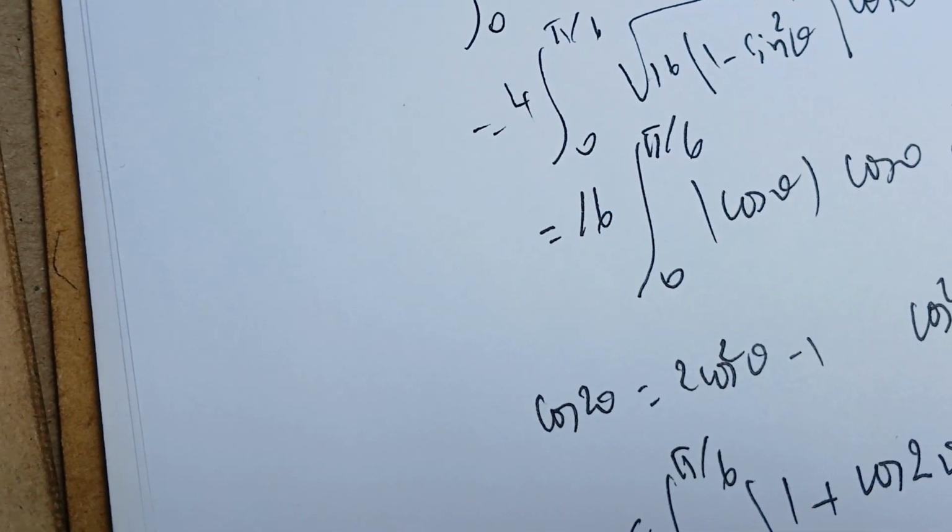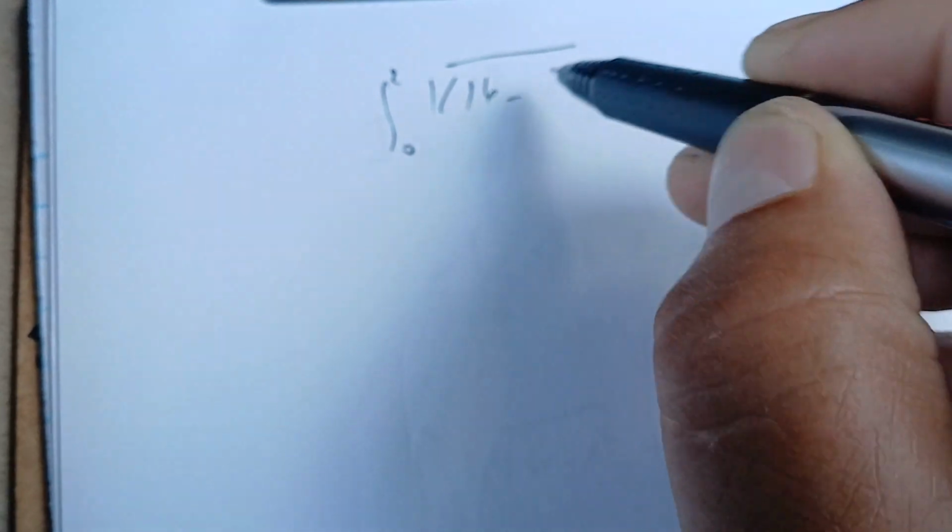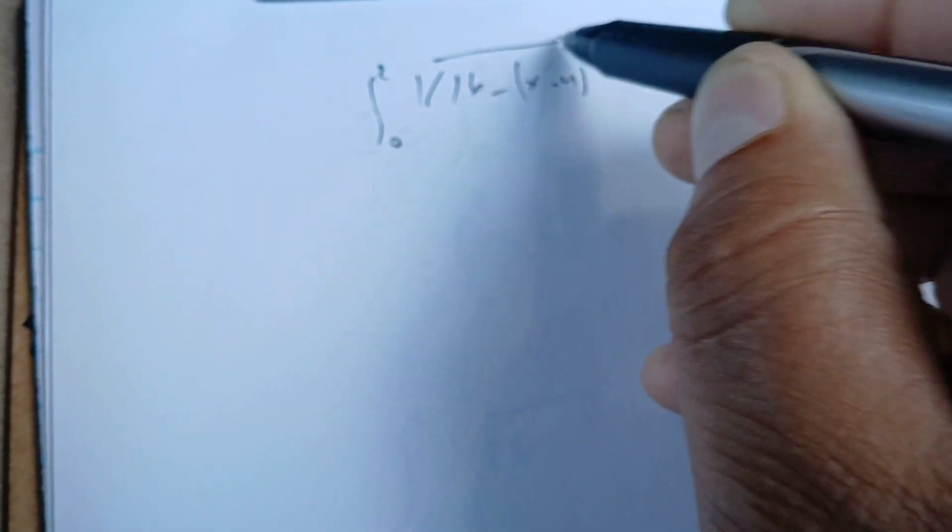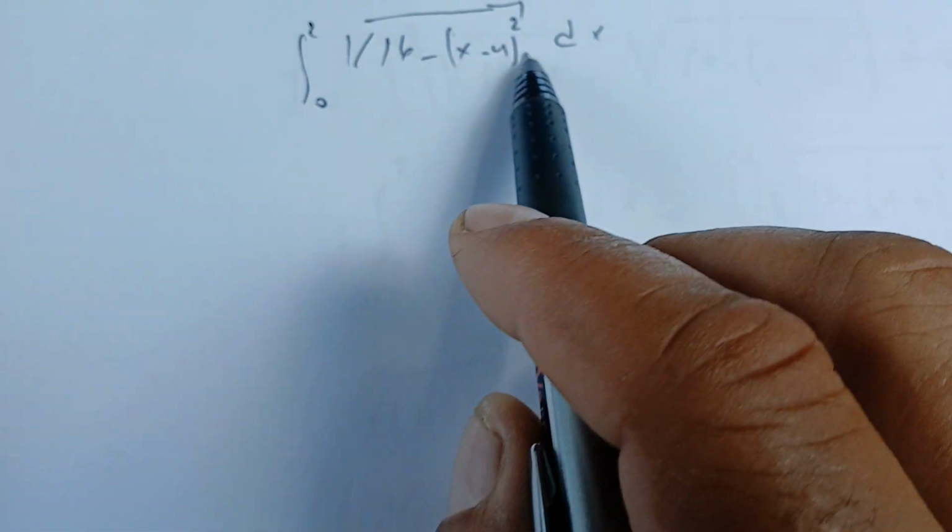Now we're going to compute our second integral. To do that, we're going to use two changes of variables. The second integral is 0 to 2 of the square root of 16 minus (x minus 4) squared dx. The first thing is we're going to change this x minus 4.